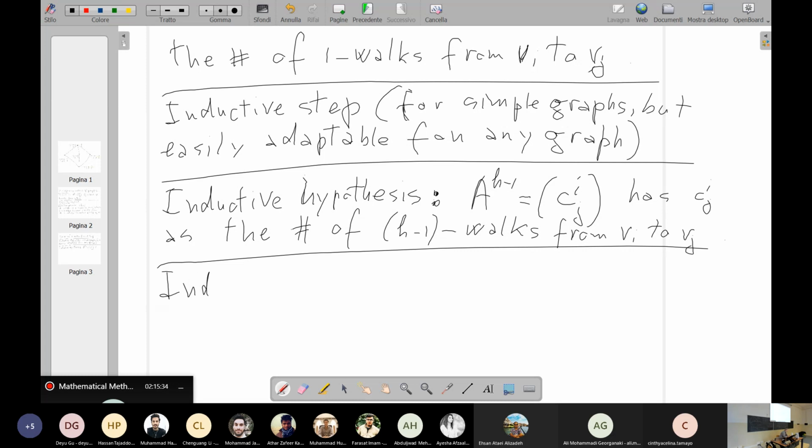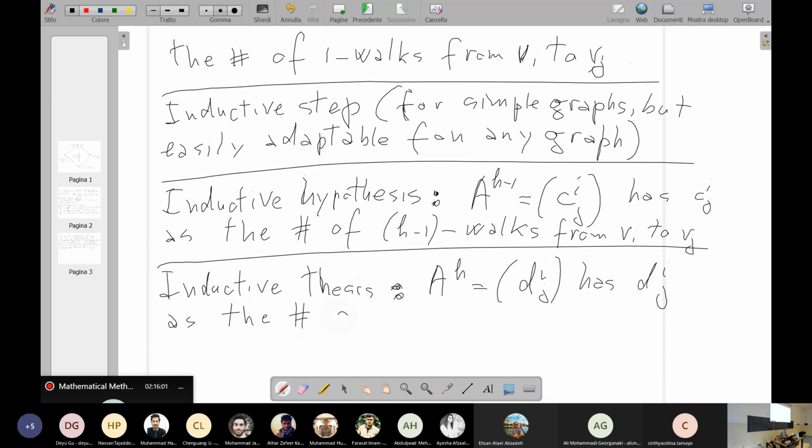Inductive thesis. Same thing with h instead of h minus 1. A^h, let's call it Dij, has Dij as the number of h walks from Vi to Vj. Okay.